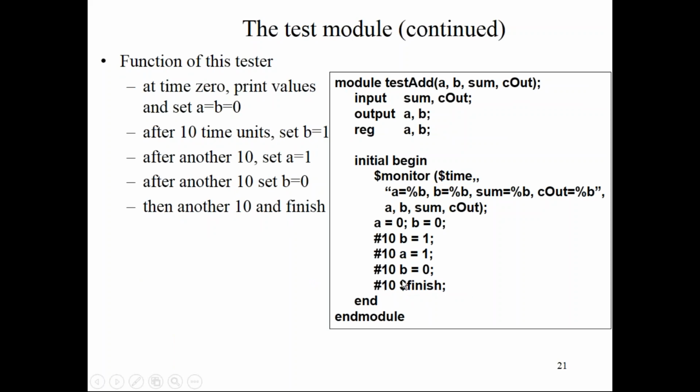That's why we are using something like #10 $finish. But the statement is not necessary. In the case of a clock, for a particular period we need to decide how to terminate, but for a combinational circuit, it is not a problem, because definitely after 1000 nanosecond, it will automatically terminate my simulation.